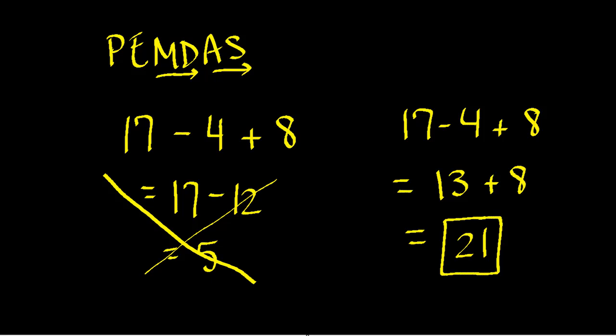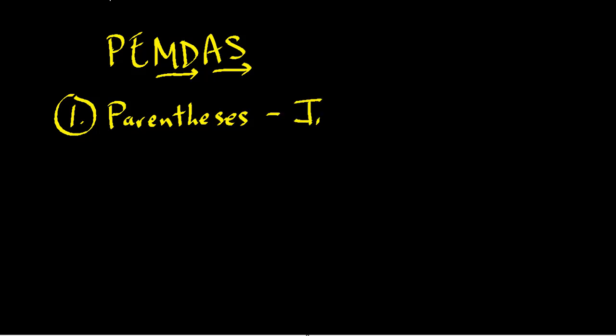Let's go over how we can use PEMDAS correctly. So what we really want to do is we want to do parentheses and brackets. So the P, parentheses, means inside parentheses and brackets.